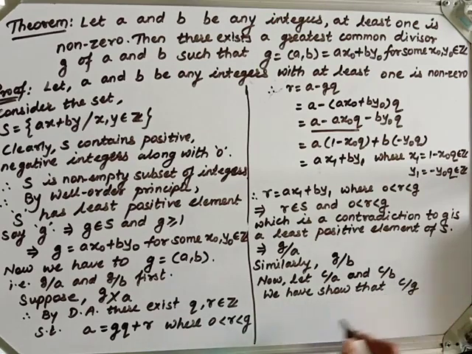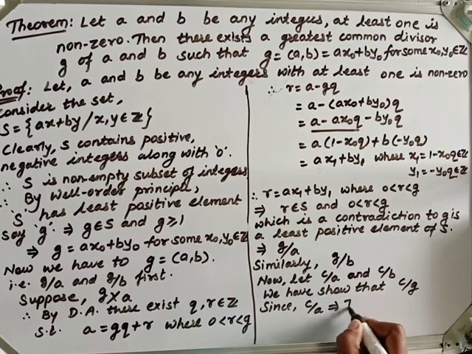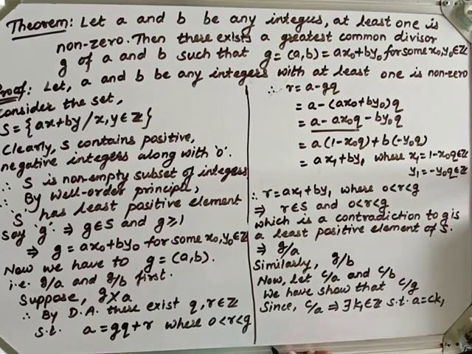C divides what? G. Since C divides A, this implies there exists some integer k1 belonging to Z such that A is equal to C k1. Fine.